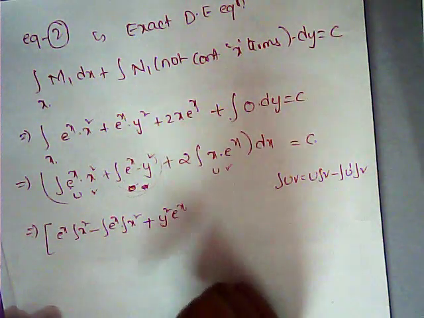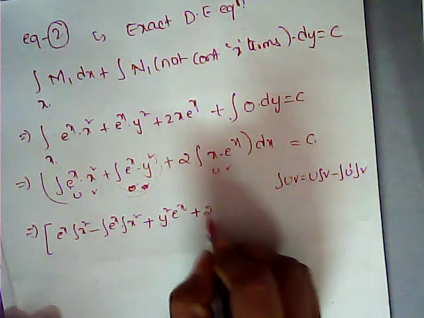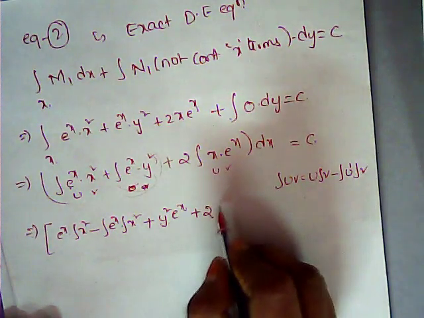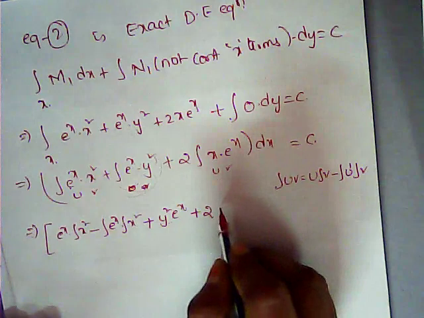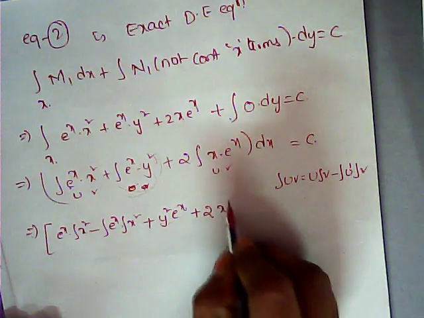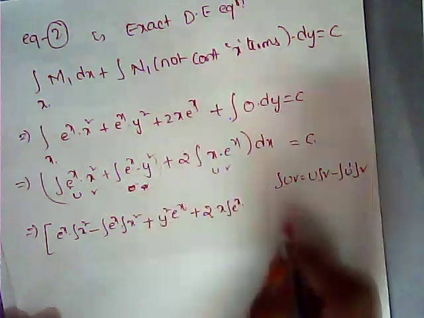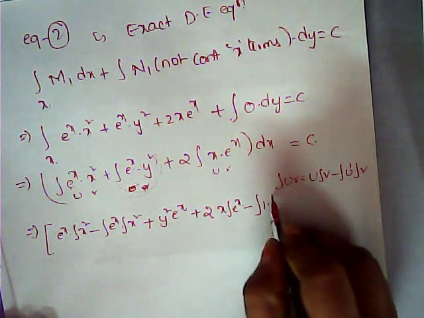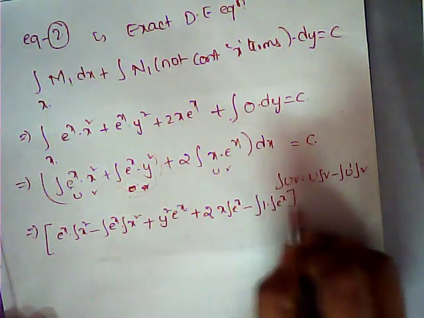Plus 2 into, here with u and v, u is x into the integration of e power x, minus the derivative of it, which is 1, into the integration of e power x.